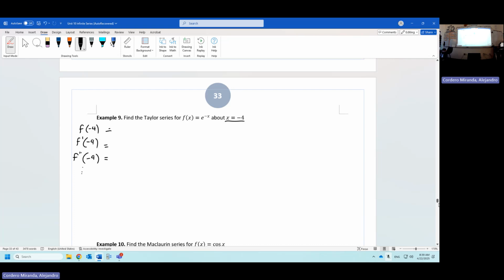And then you can bring that down. No, not the 4, not the 4, because it's e to the negative x. Plug in the 4. Oh, I get it, I understand.